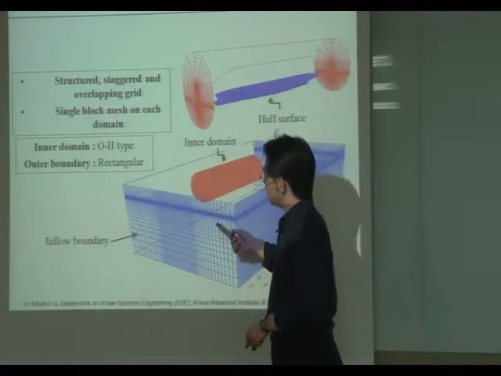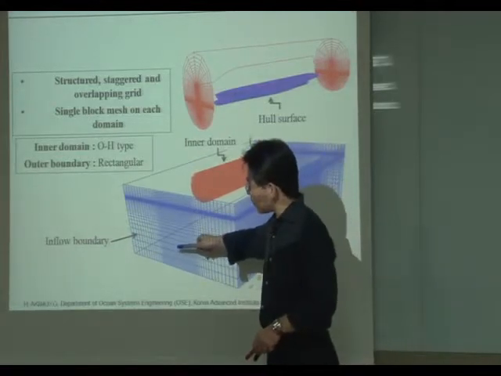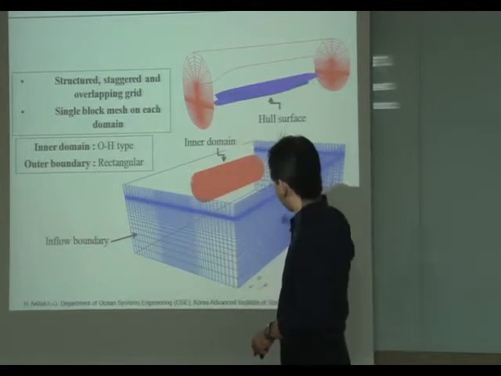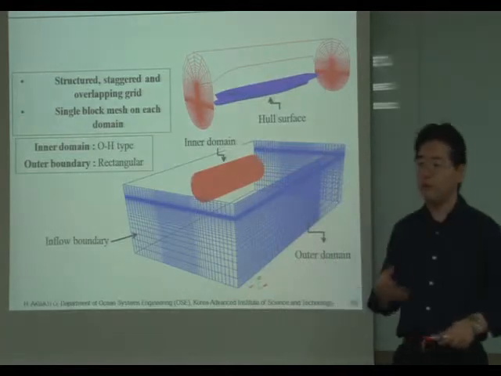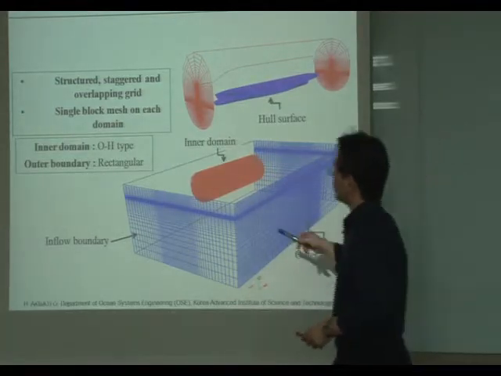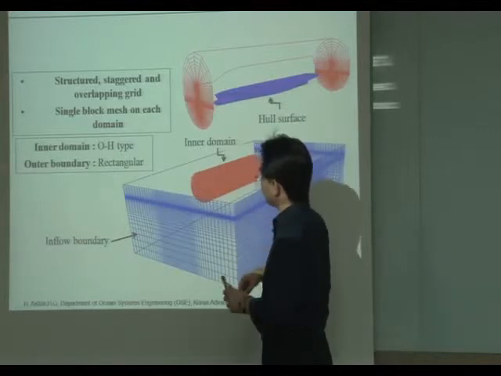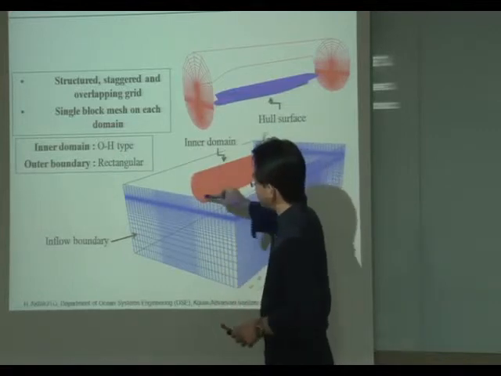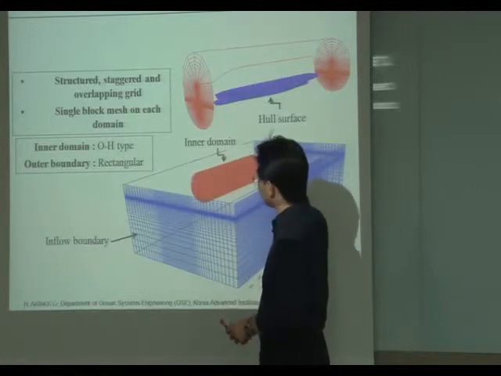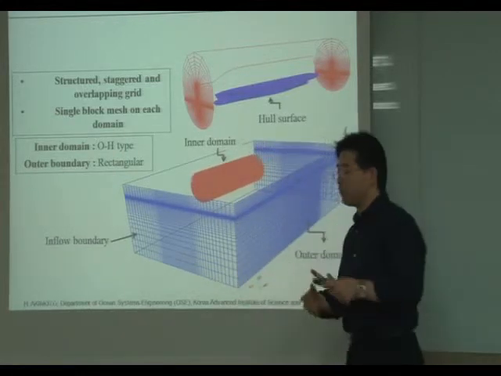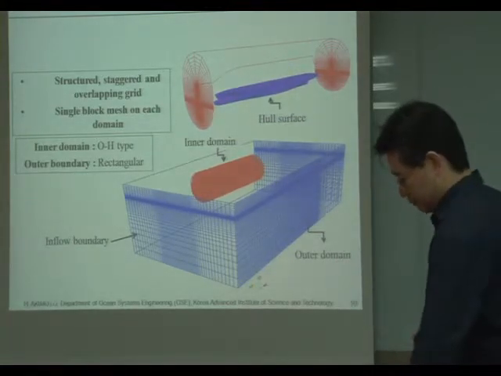This is our simulation. The inflow, the entire outer domain is in Earth fixed coordinates, and the ship is in the smaller domain, and the fluid dynamics inside of this domain will be calculated on the moving coordinates.